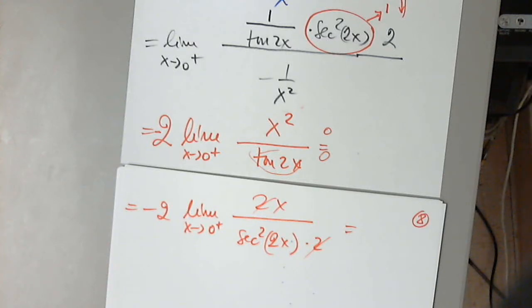I was thinking of secant, which is a product, so I didn't want to go into that. But it's perfect. So the numerator is 2x. The denominator is secant squared of 2x times 2. I simplify the 2 with the 2. And now I can plug in 0 because this approaches 1 and the numerator approaches 0, and the answer is agreed. That's 0. This is not done.